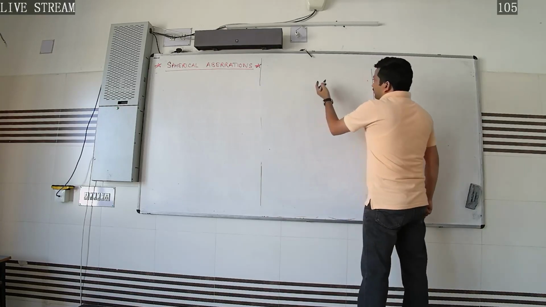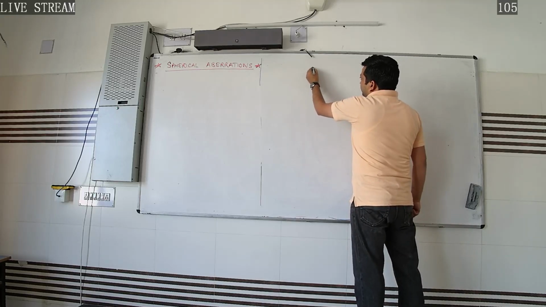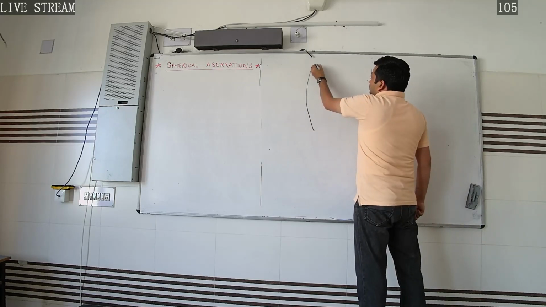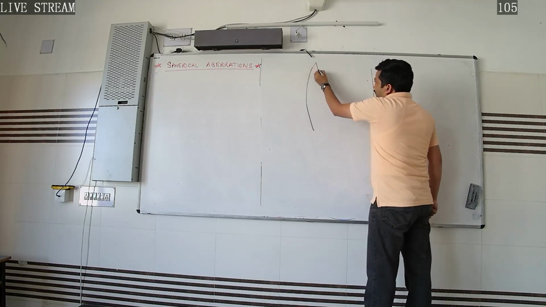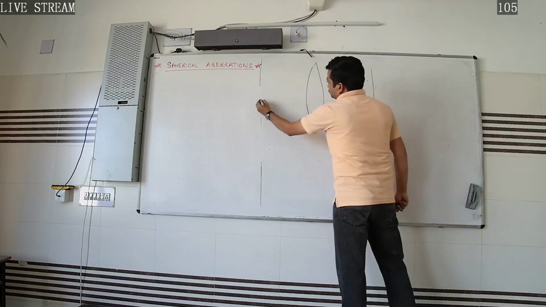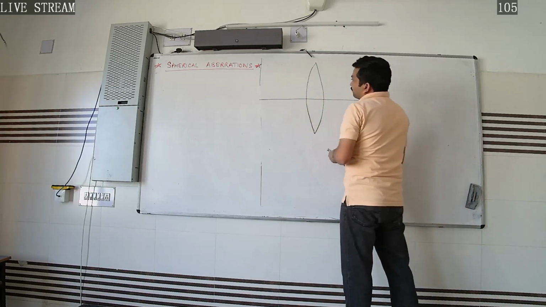First of all I am drawing a diagram, then I will write its statement. Here in this case, let us consider a convex lens of large aperture in this way.